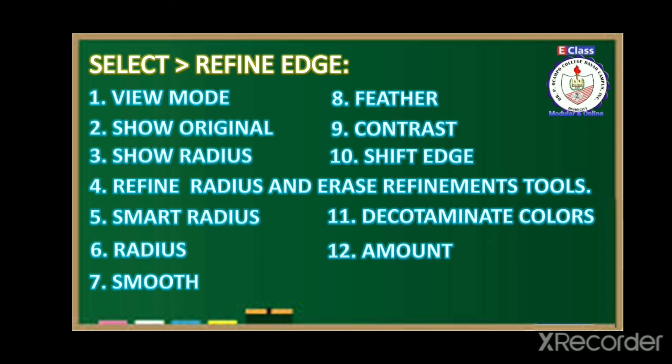This changes the level of decontamination and fringe replacement. And number 13, Output To. Output To determines whether the refined selection becomes a selection or mask on the current layer or produces a new layer or document.